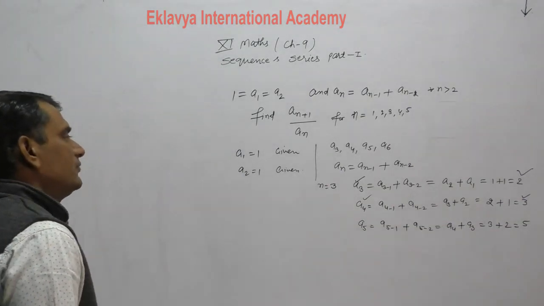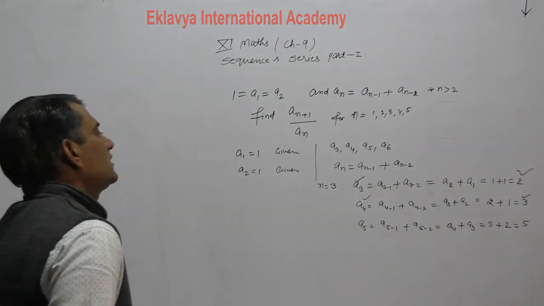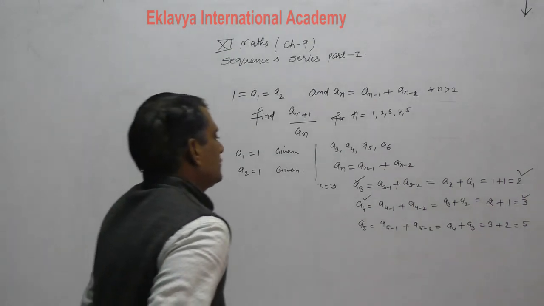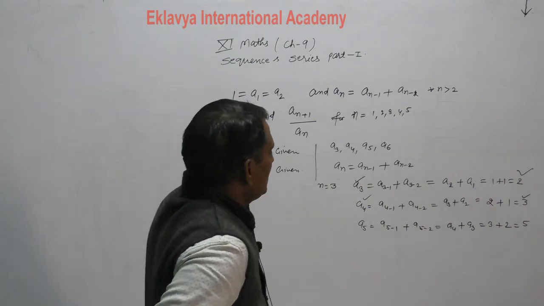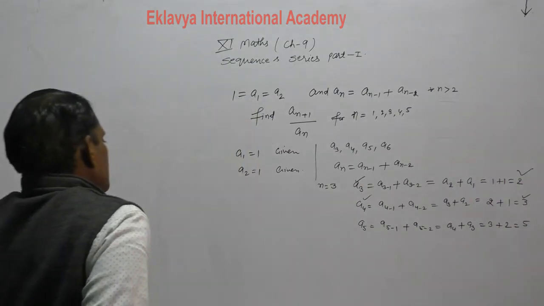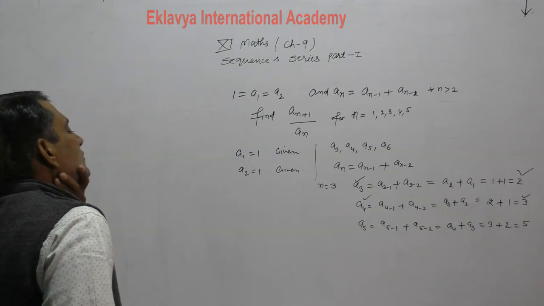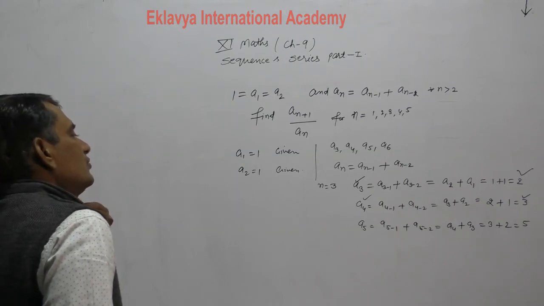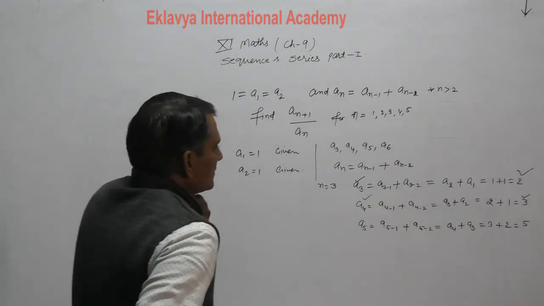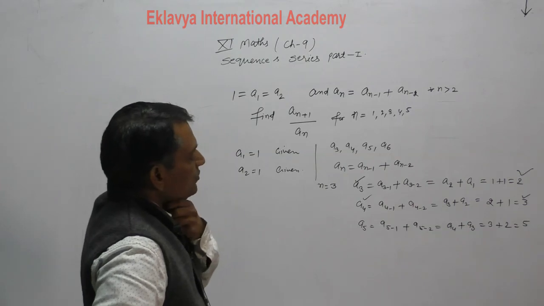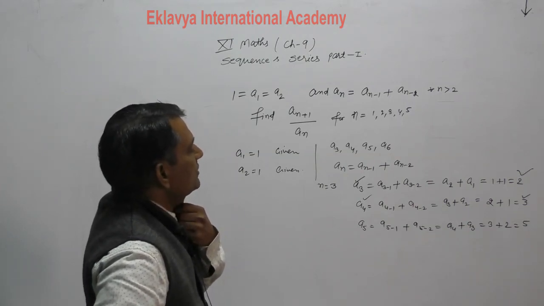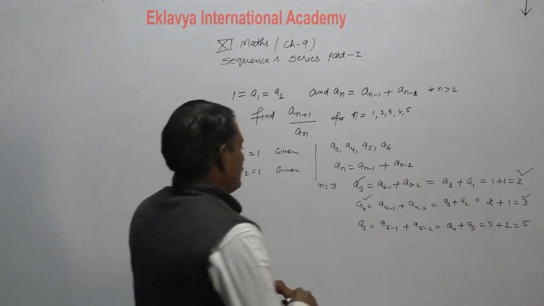a5 is a4 plus a3. So you have calculated a3: a2 plus a1, that is 1 plus 1, a3 is 2. a4 is a3 plus a2, 4 minus 1, 4 minus 2, 2 plus 1, so 3. a5 is 5 minus 1, 5 minus 2, a4 plus a3, the value of a3 is 2, the value of a4 is 3, so the sum is 5.